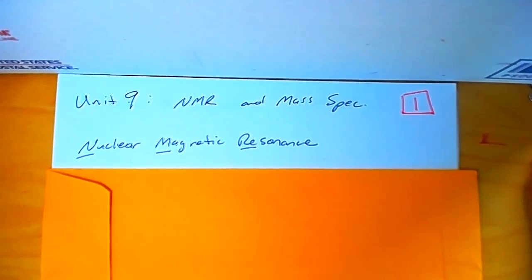So I am not going to get a lot into the theory as to how this occurs. I will explain a little bit about which atoms exhibit it, but really I want to talk about the utility of how it relates to identifying structure. And that's the main takeaway that you're going to need for this course.